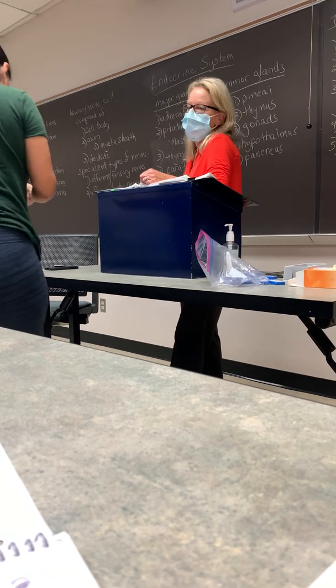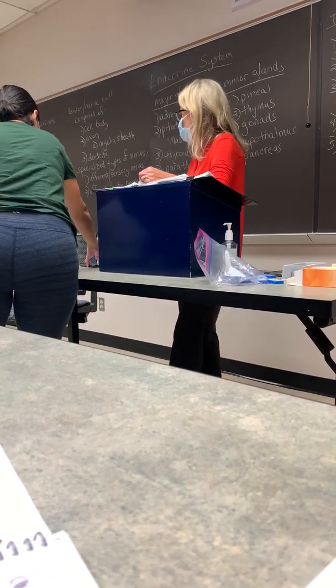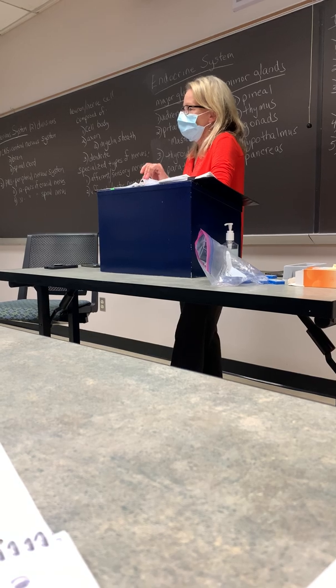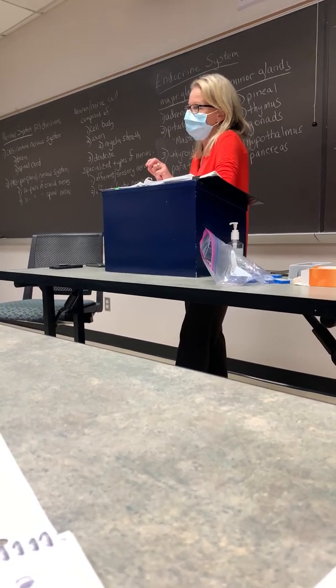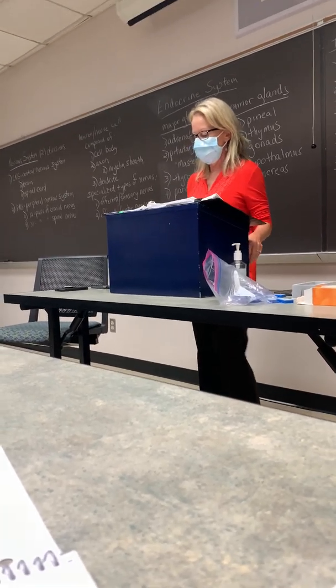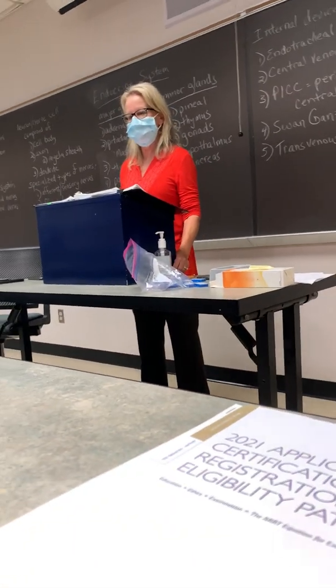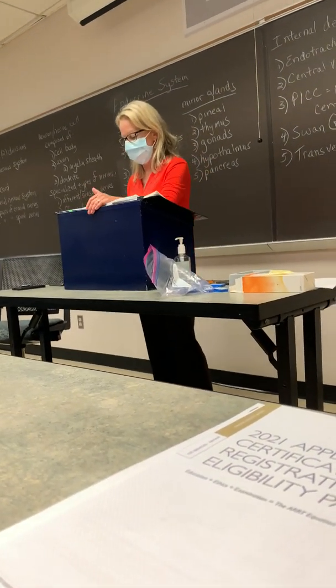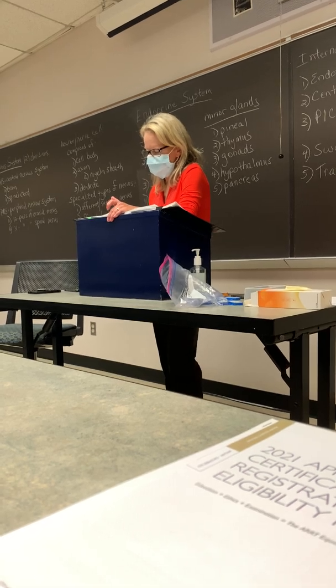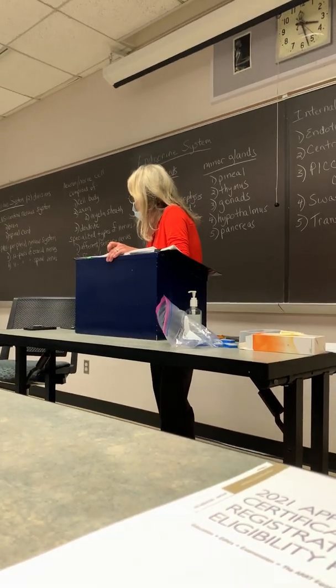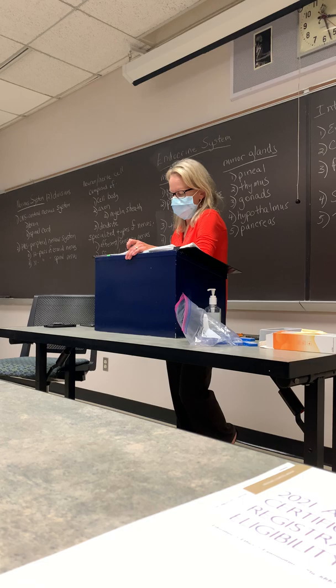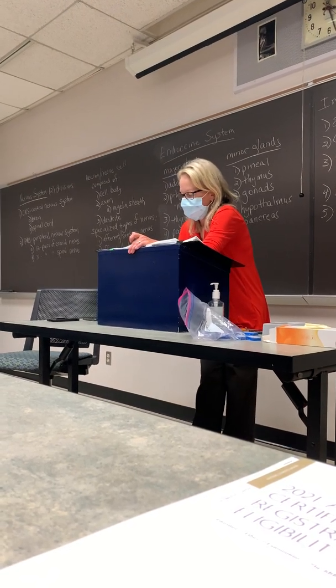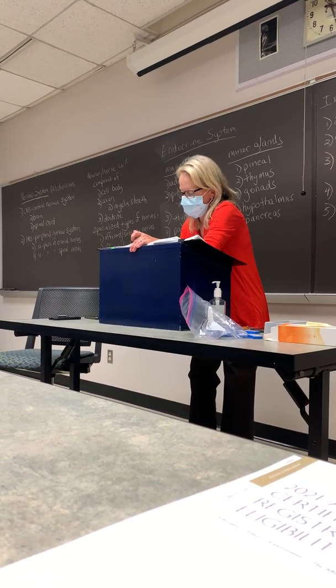It's composed of the brain and the spinal cord. The second division is the PNS, which is periphery, everything on the outside. Peripheral nervous system, composed of 12 pairs of cranial nerves and 31 pairs of spinal nerves.